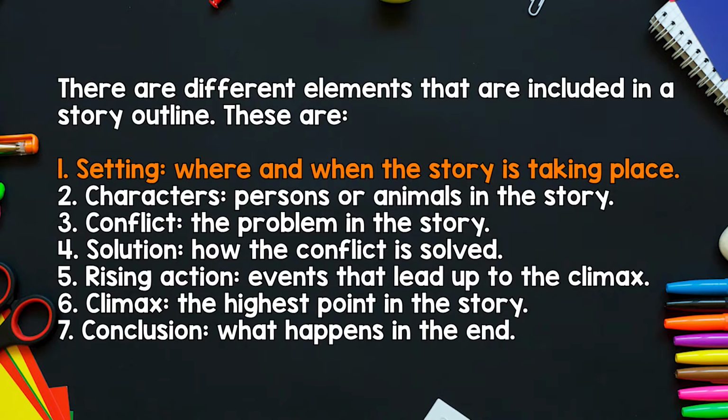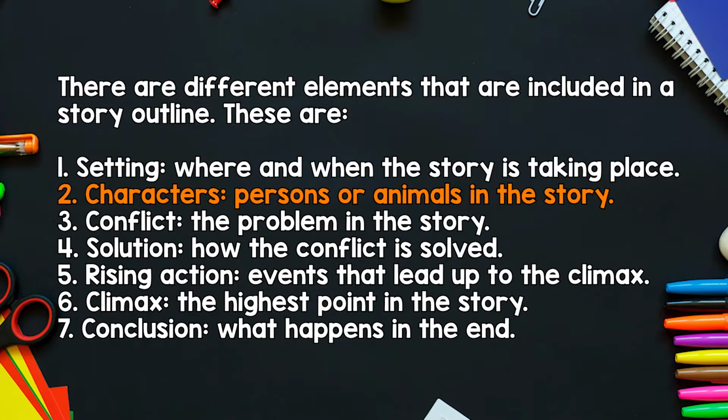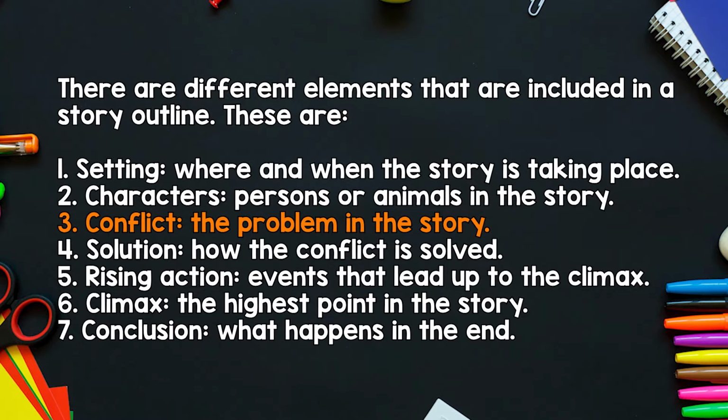There are different elements, as I said, and we would have covered them, but let's review them. These elements include setting, and we learned that the setting refers to where and when the story is taking place or has taken place. Then we have characters. Characters refers to persons or animals in the stories, or sometimes it could be an object. We have the conflict. The conflict is the problem in the story. Then we have solution, how the conflict was solved.